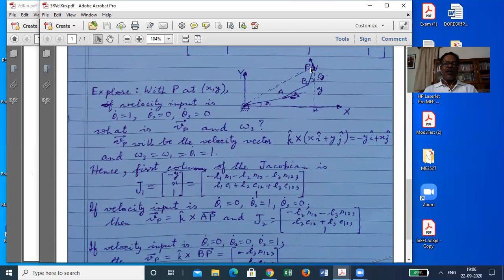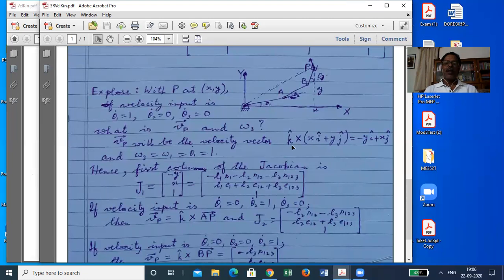So the linear velocity of this point will be this joint's omega cross this vector OP, which is x, y. Okay. So that is angular velocity is unit in the k direction. Omega is this cross this position vector xi plus yj.